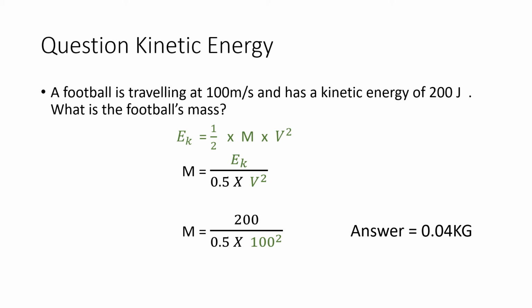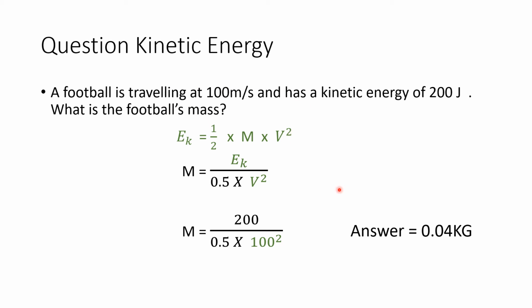Now if we take a look at this example together, it says a football is travelling at 100 metres per second and has a kinetic energy of 200 joules. What is the football's mass? If we bring back our equation from before, one key thing you must have realised from this question is that it's not asking for the football's kinetic energy, it's asking for its mass.